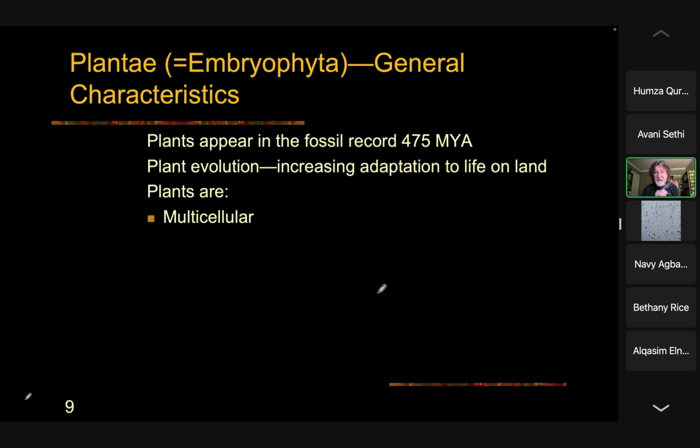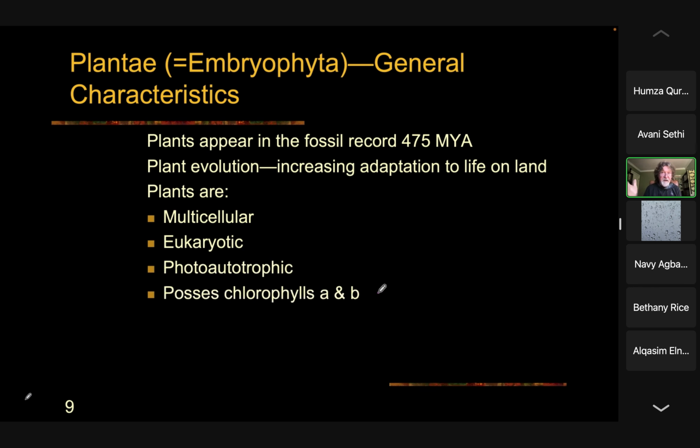So I'm not counting that as apomorphic, but nonetheless, all plants have a multicellular body, of course eukaryotic, also photoautotrophic, and because they belong to the Viridiplantae, they have both chlorophylls a and b. Notice that I'm not putting a double asterisk here. These are just consequences of being Viridiplantae, all right?